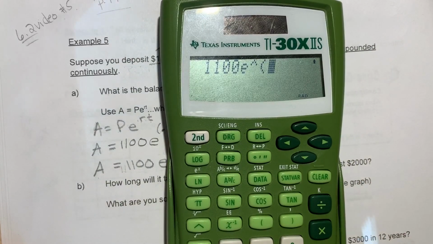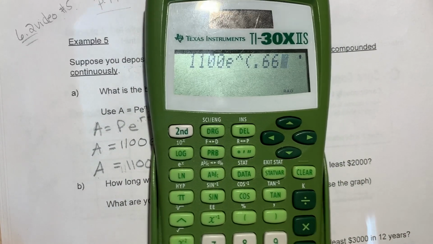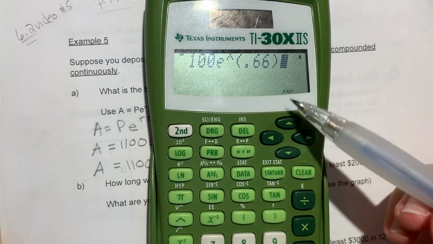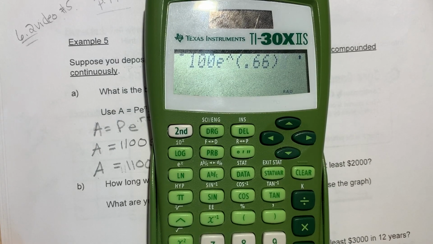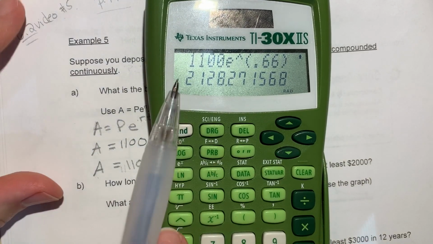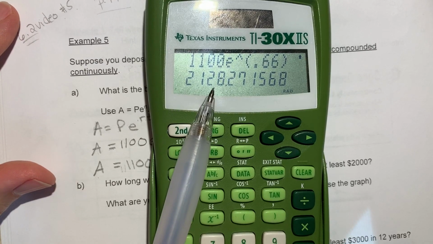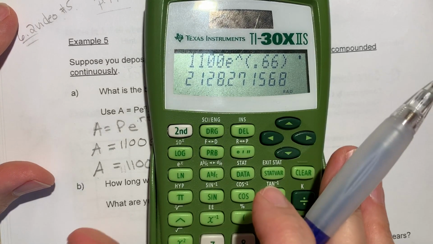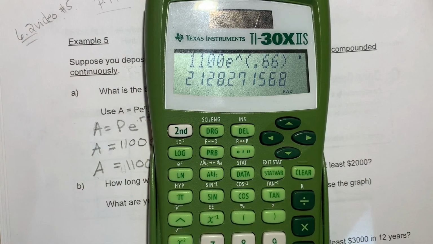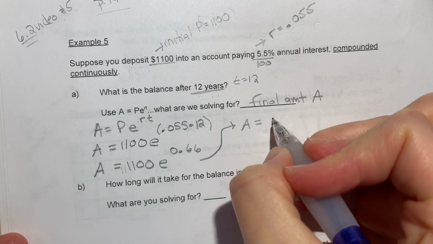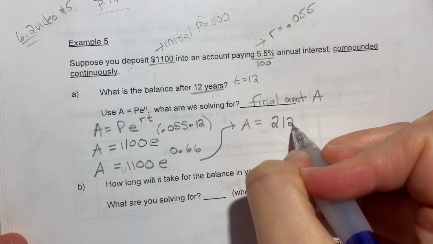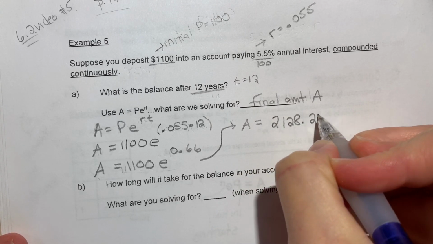And in there I want to put 0.66, and then make sure you close that parenthesis, and hit enter. So I get $2,128.27. So what did I start with? 1,100. Yeah, that sounds reasonable. So my final amount is going to be 2,128.27.